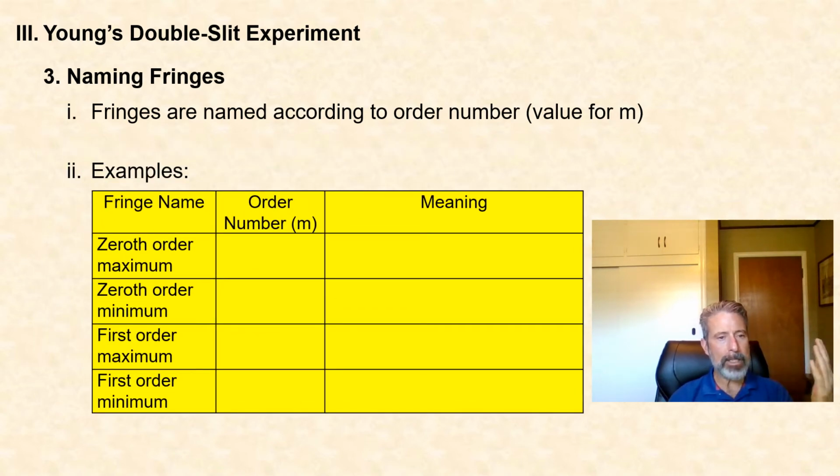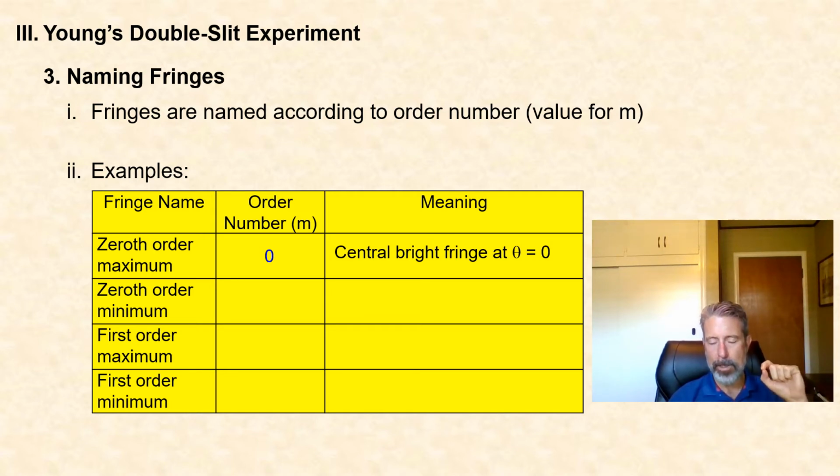When we talk about the zero order maximum, in other words, when m has a value of 0, this is what gives us the central bright fringe, when theta has a value of 0, the central bright fringe on the screen.